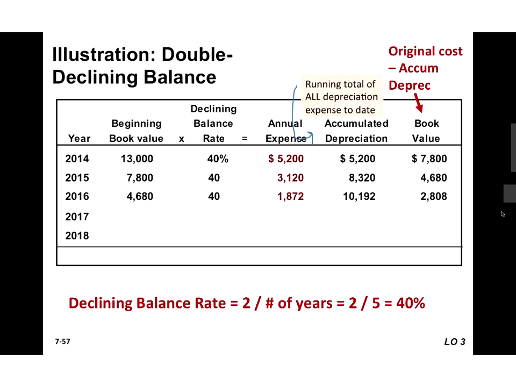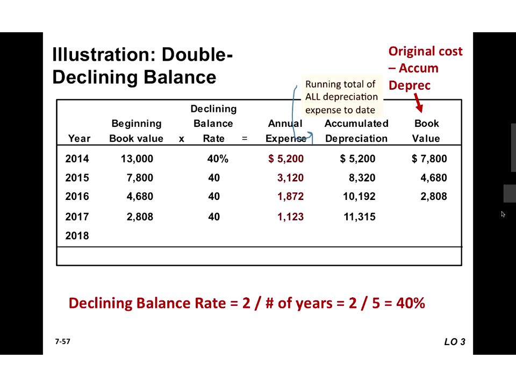So for 2017, we're going to take the $2,808 times 40%, which gives you an annual expense of $1,123. Our accumulated depreciation is last year's accumulated depreciation plus this year, so we get $10,192 plus $1,123, which gives us $11,315.